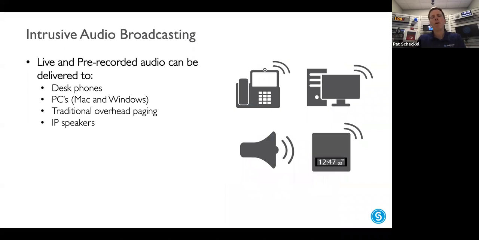And then another hallmark is intrusiveness or urgency. So there's been a lot of research done on this, where if you just send a text message to people, they may or may not take action on it because it just doesn't seem very urgent. However, if you send an audio broadcast with spoken instructions, they're much more likely to take action.